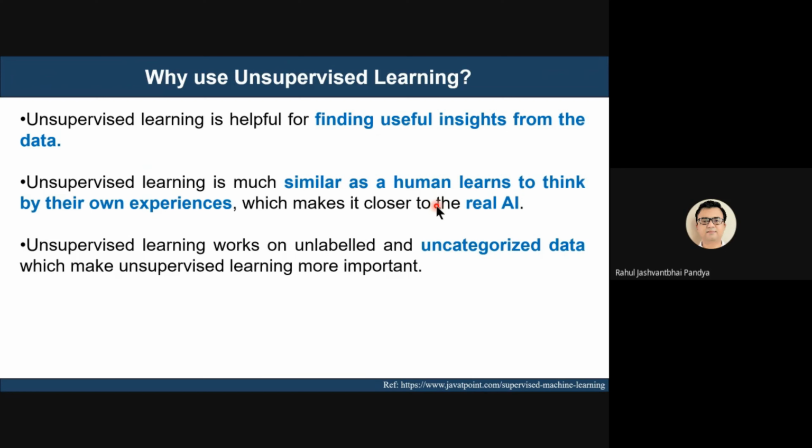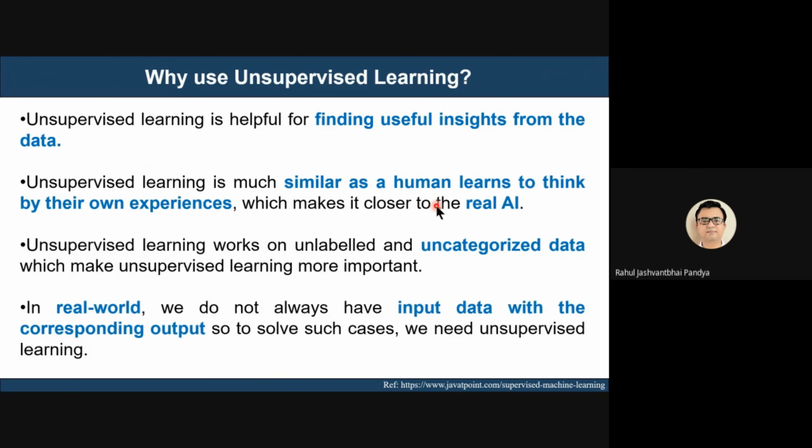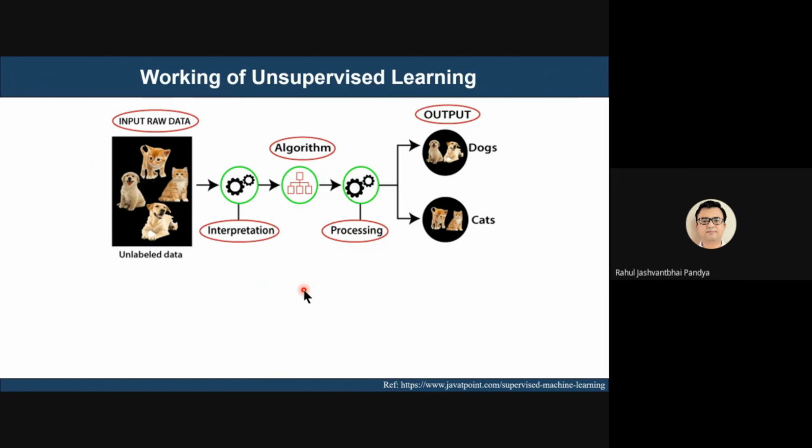Unsupervised machine learning works on unlabeled and uncategorized data, which makes it more important, because in the real world we do not always have inputs with corresponding outputs. To solve such cases, we apply unsupervised machine learning.